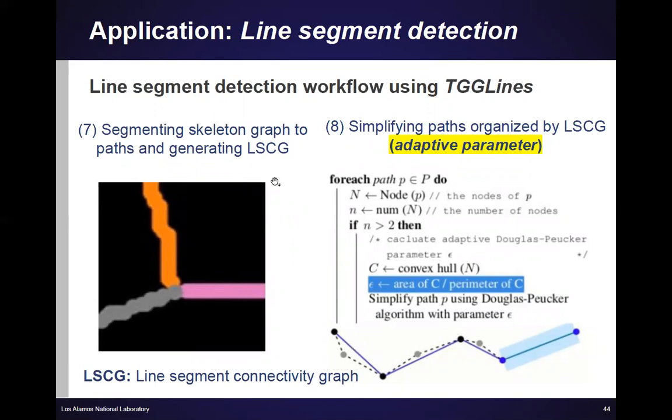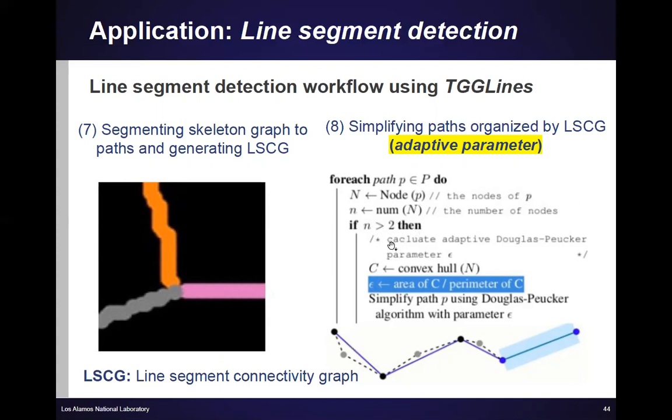Then once we get the segmented paths, we use our algorithm to simplify the paths, organized as a line segment connected graph. For each path, we extract the nodes, and little n represents the number of nodes in the path.